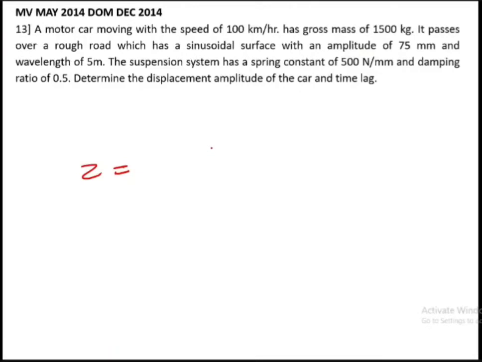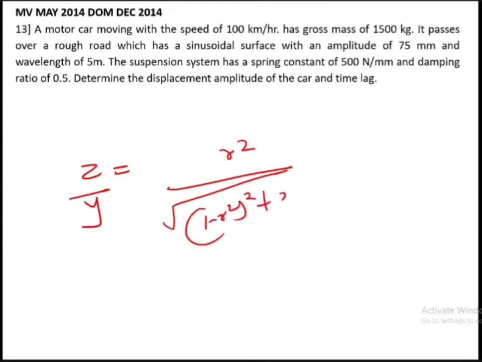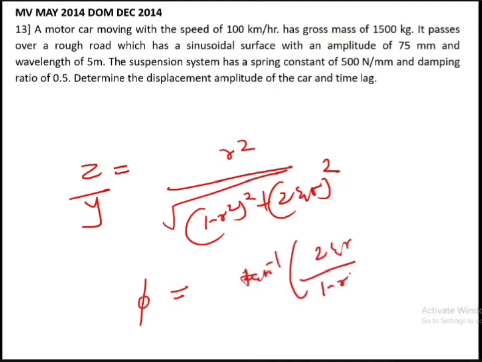It is the same as for rotating unbalance, r square upon square root of (1 minus r square) bracket square plus (2 zeta r) square. And the phase angle for the relative amplitude is phi, which is tan inverse of 2 zeta r upon 1 minus r square.